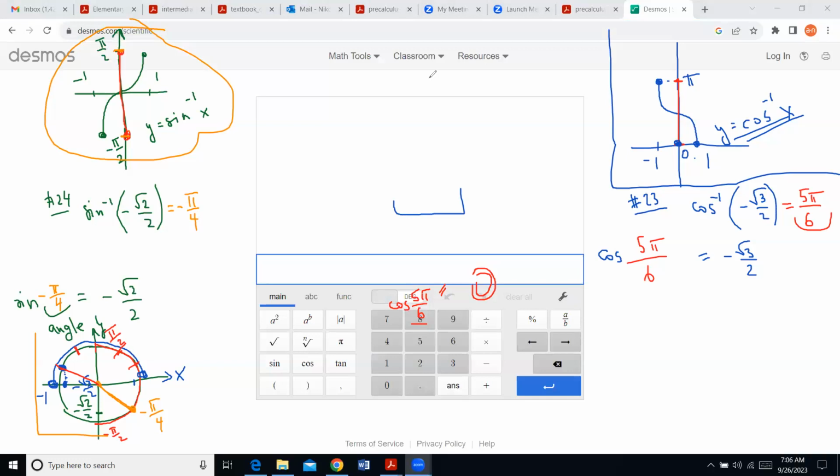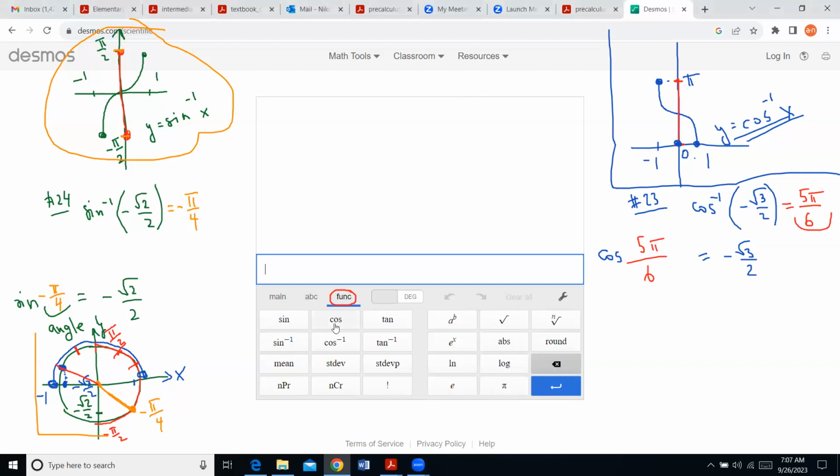Well, just put it in degree mode, remember? Because with radians, you're not going to get very clear results. Put it in degree mode, and for the function arc cosine, you need to go to the functions menu here. So you go to functions, and then here's arc cosine.